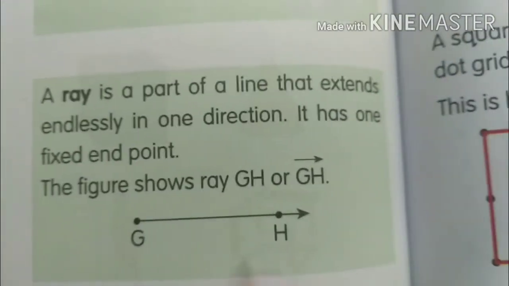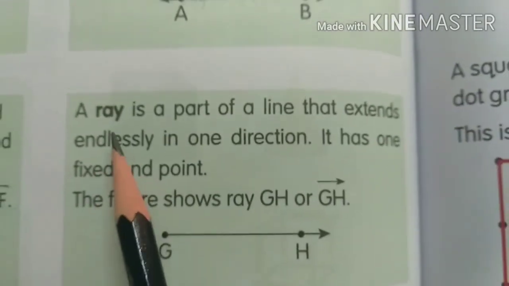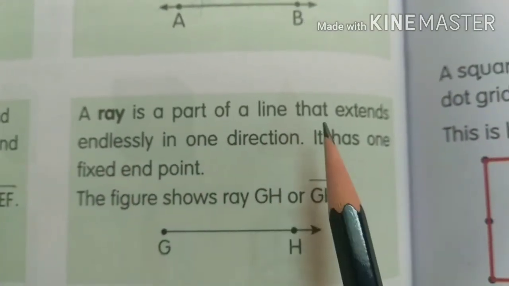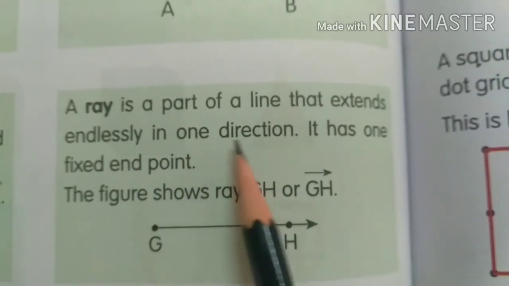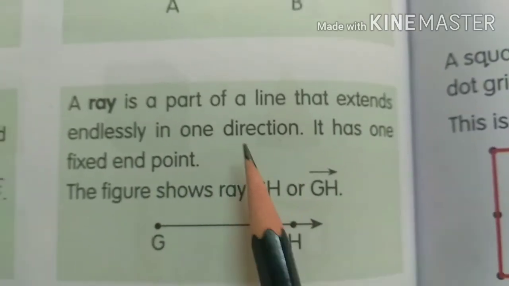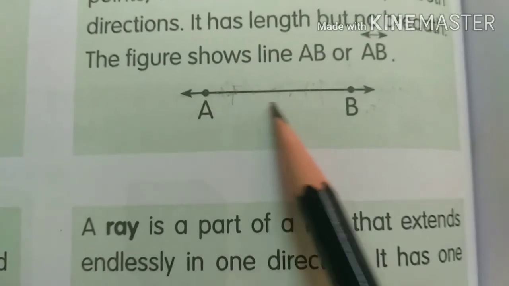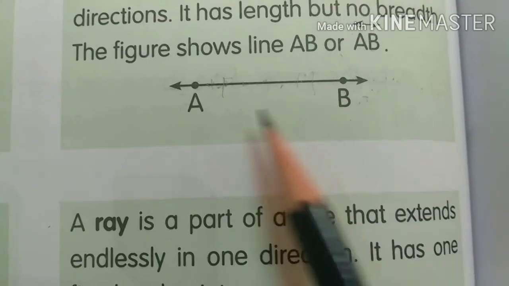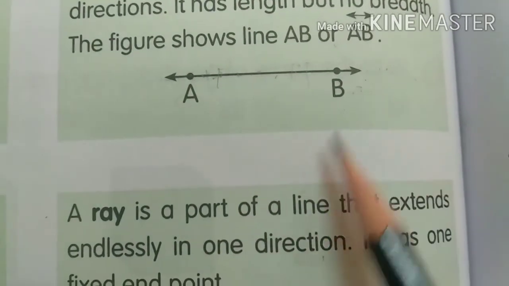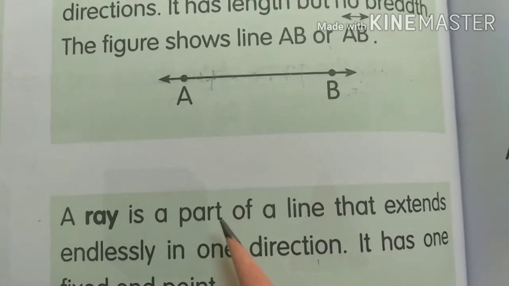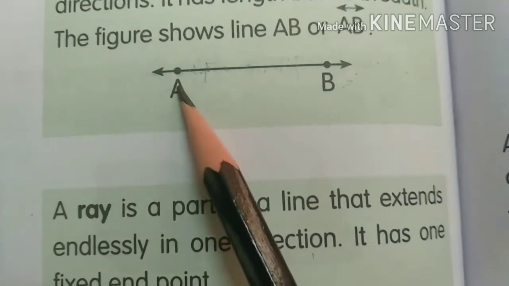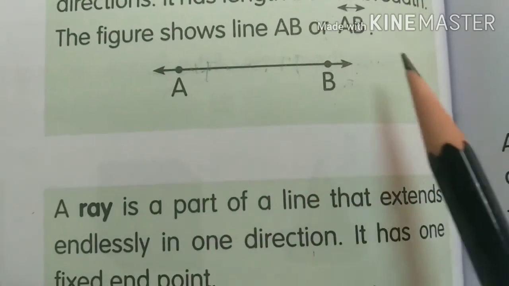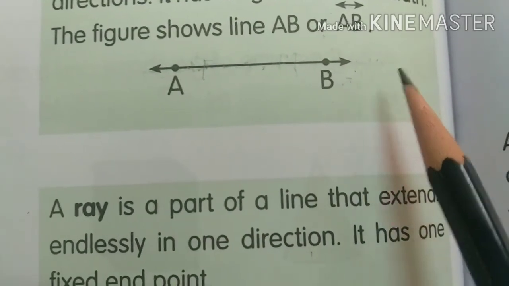Ray. See, a ray is a part of a line that extends endlessly in one direction. But a line in both directions has no ends.